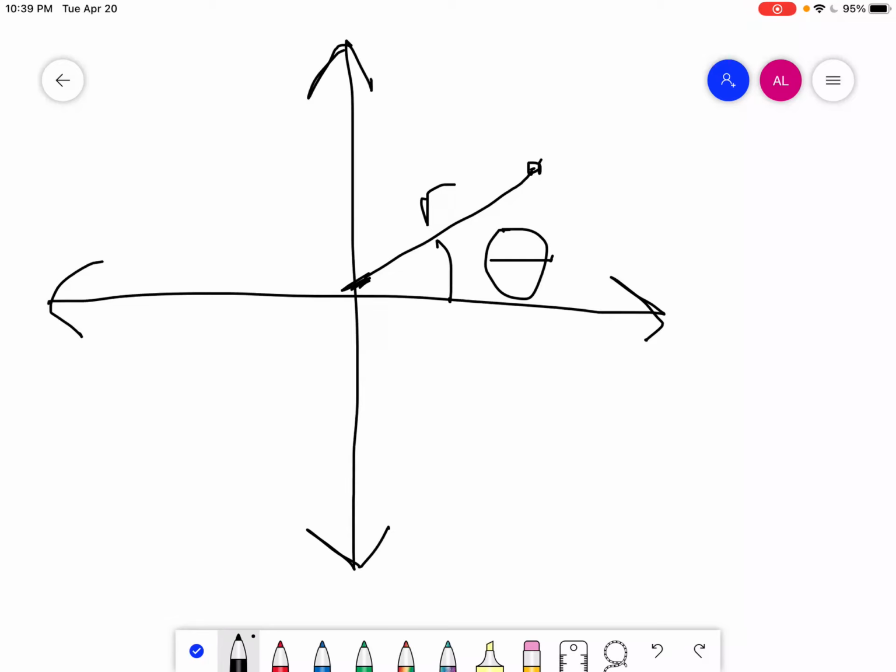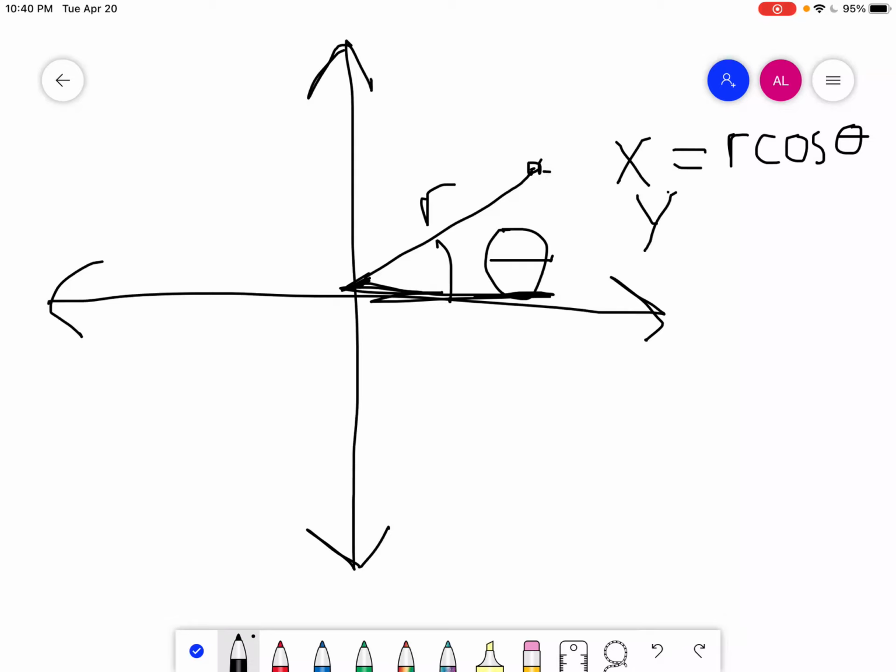To give an example, let's say this point is here. To convert from polar coordinates to rectangular coordinates, x and y, we know that x is equal to r times cosine of theta, because cosine is the horizontal part of this.